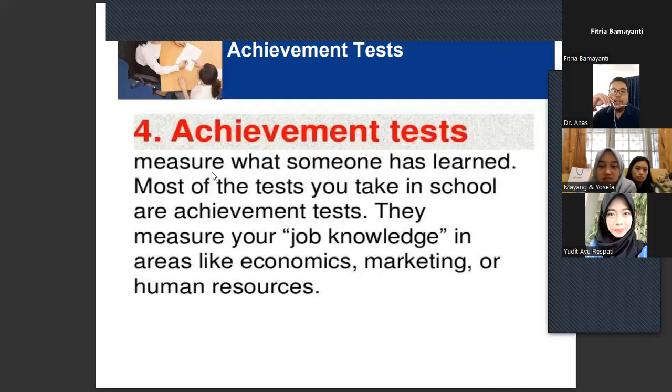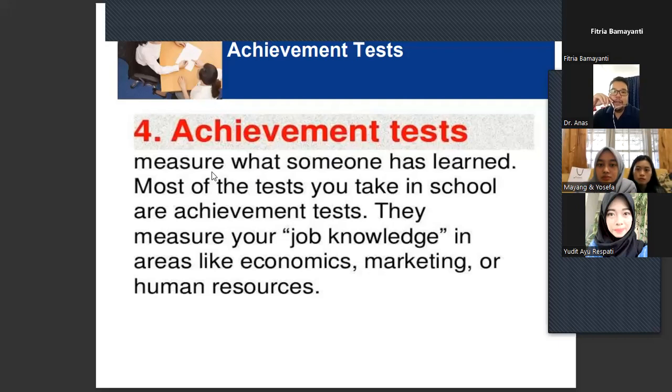So maybe one of the questions they ask you, based on your experience as a committee member in a student club, UNY student club, is what was your project, or what you did within your studies, or what did you learn. So this is about the achievement test.